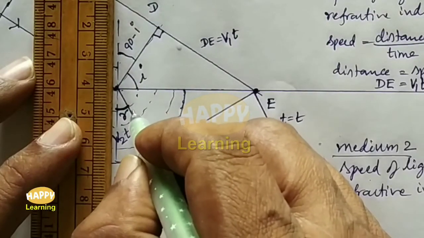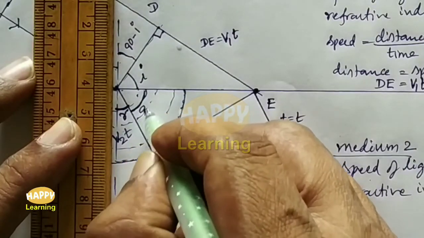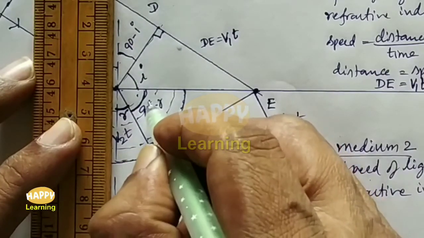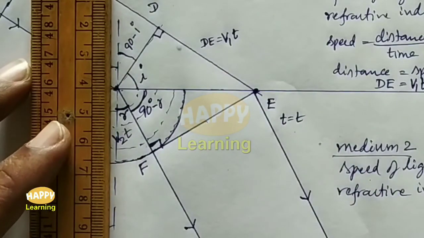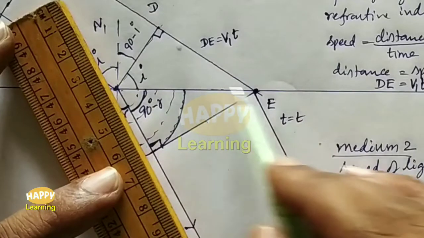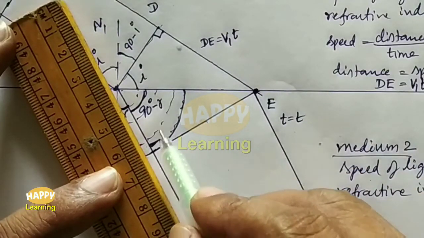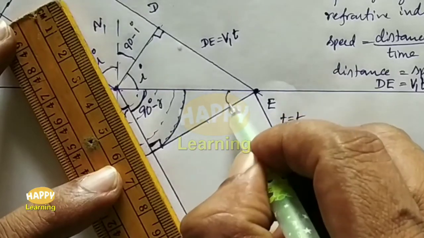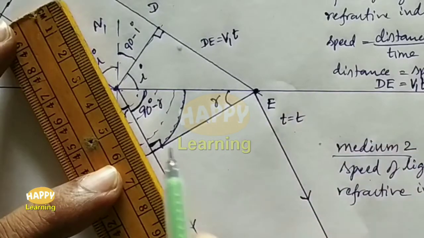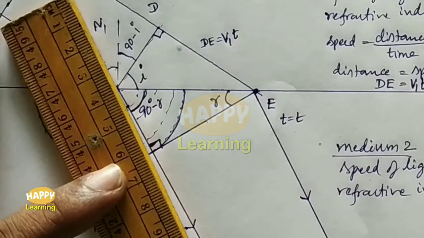This angle will be 90 degrees minus R. Now, in this triangle, this is 90 minus R, this is 90, total angle should be 180, so this should be R. 90 minus R plus R, 90 plus another 90, total becomes 180.